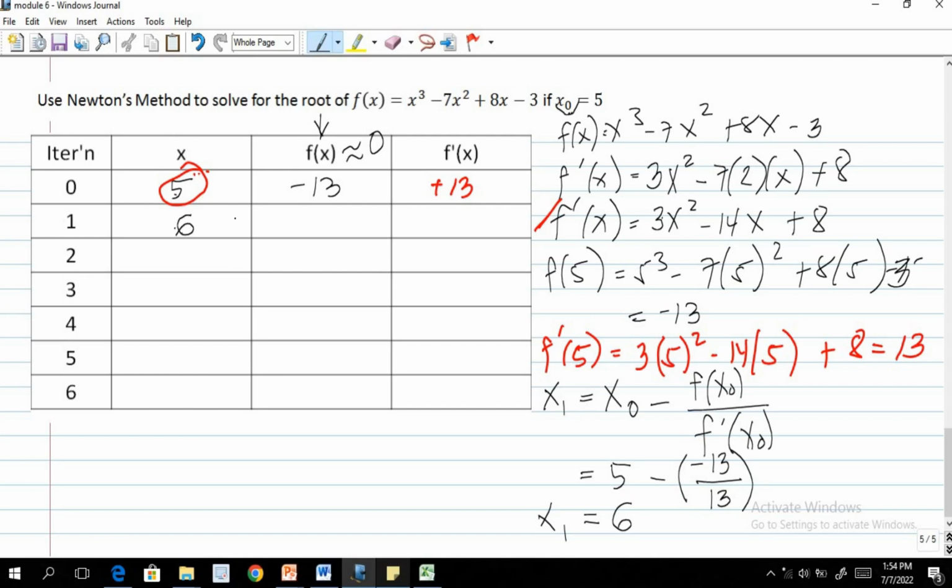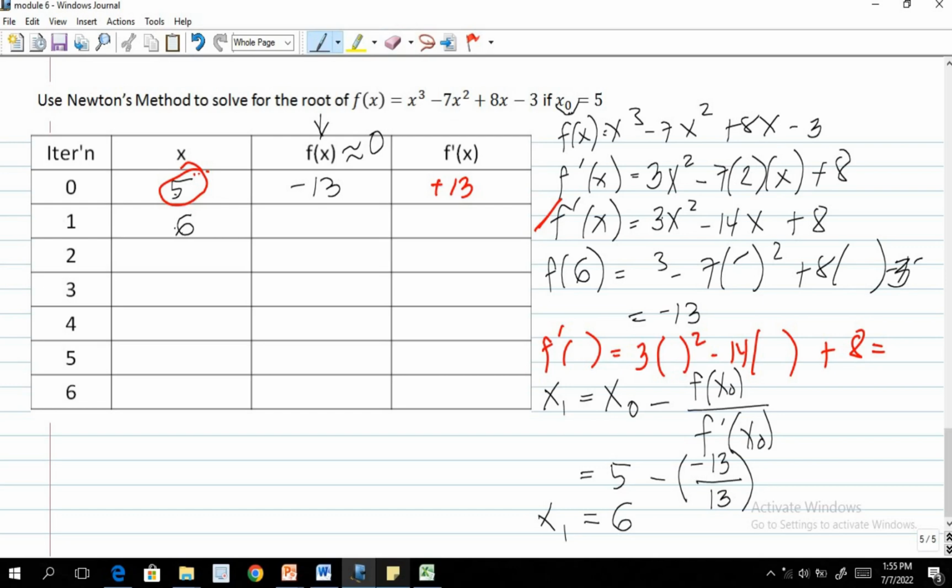The same, yung ating function of x, let's substitute itong 6 na to sa may fx. So, palitan natin, alisin natin yung 5 kanina. Magiging 6 na siya ngayon.